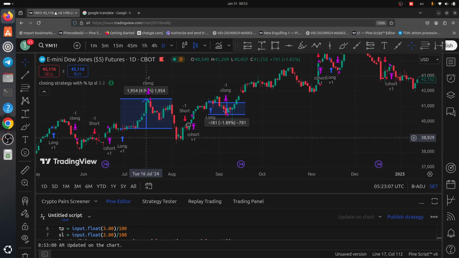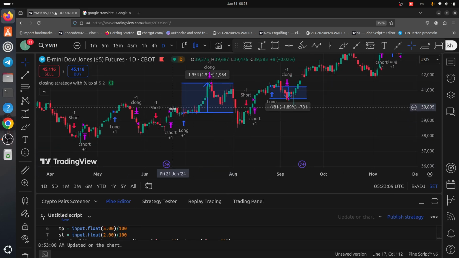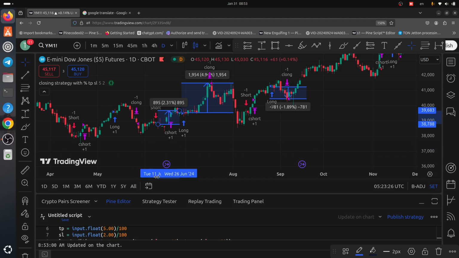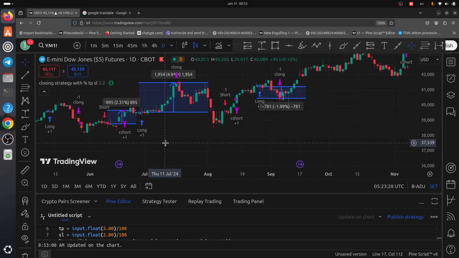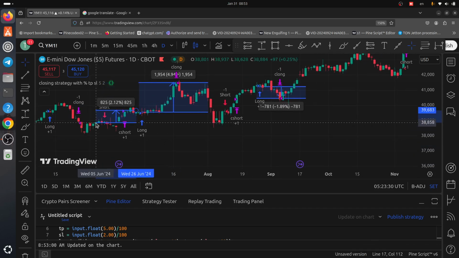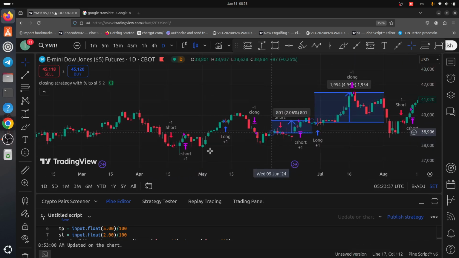As you see here, nice. Yeah, it is also 2, as you see, as a stop loss, and it's also correct for sell.